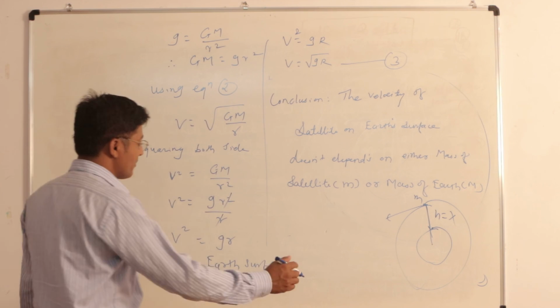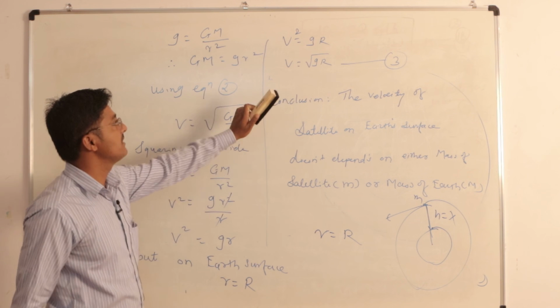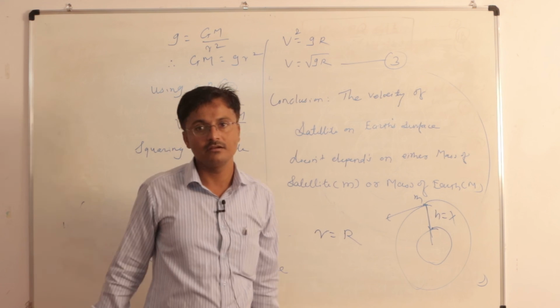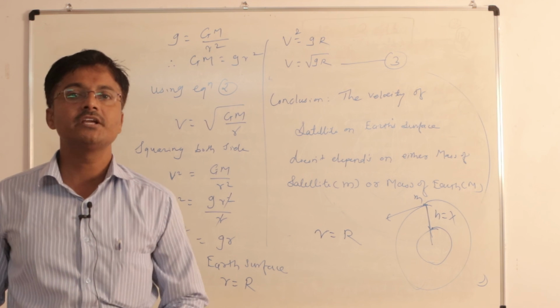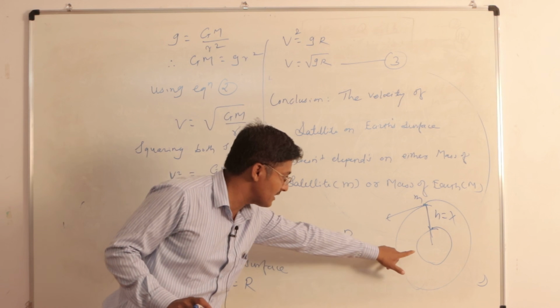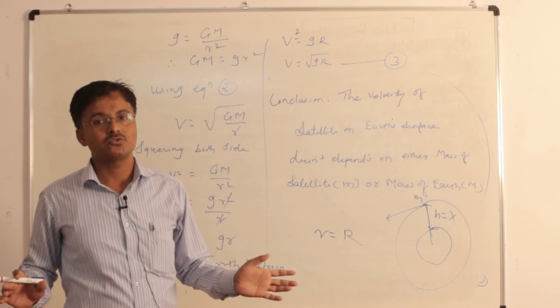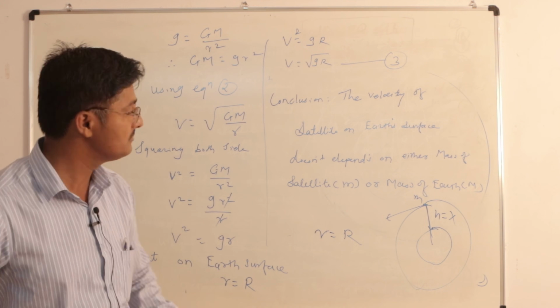So what will the total orbit? Total orbit small r will be capital R, and then we found out what is the velocity of that satellite on the earth surface. आपण त्याच्यावरून कन्क्लुजन काढलं की velocity on earth surface doesn't depend on mass of satellite or on the mass of earth. So understood? Very clear, very simple.